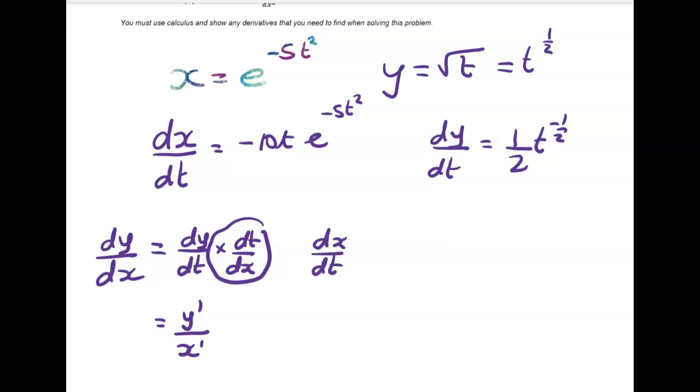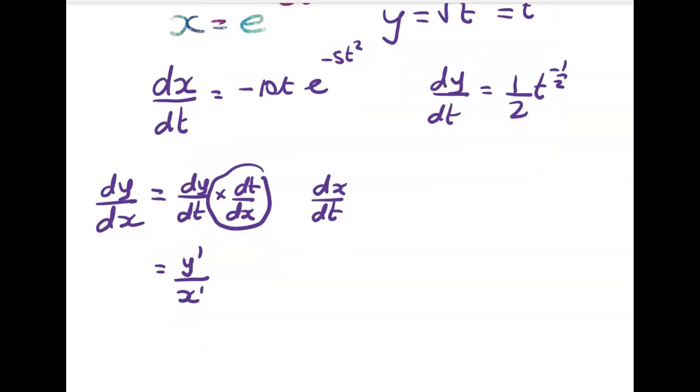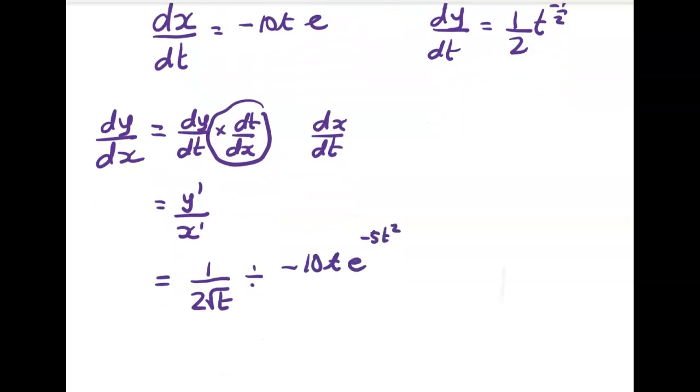But if you're watching this video, hopefully you know that, and this should be feeling pretty easy. So this was I think the achieved part of the question. Right, so putting this together, we've got 1/2 root t divided by dx by dt. So divided by negative 10t e to the negative 5t squared.